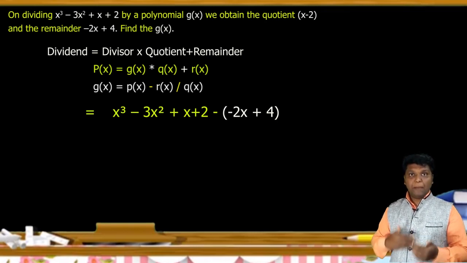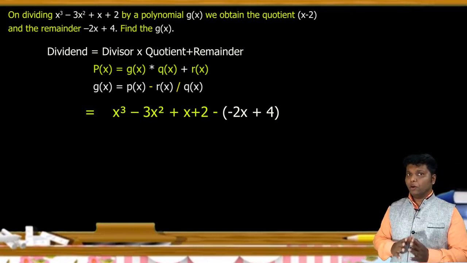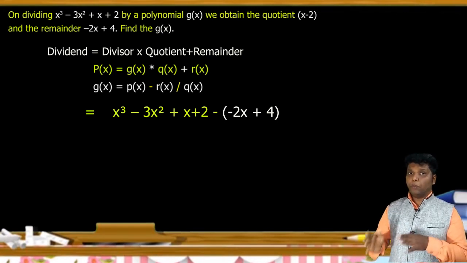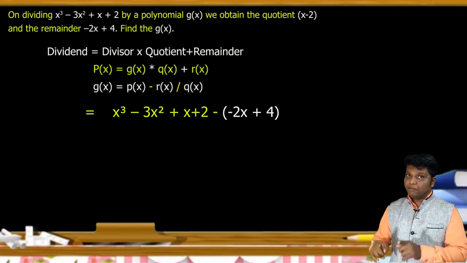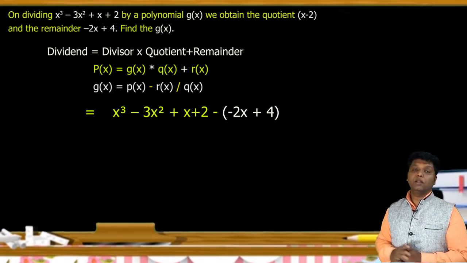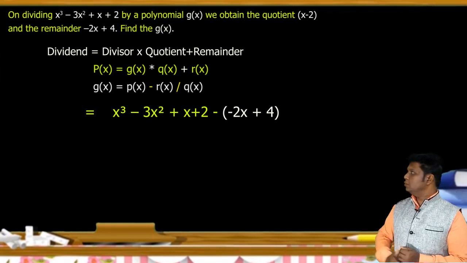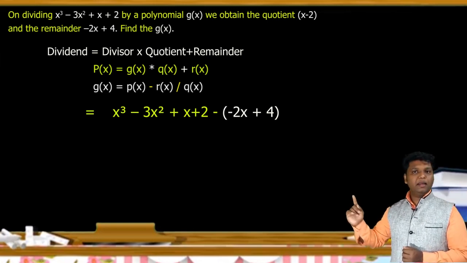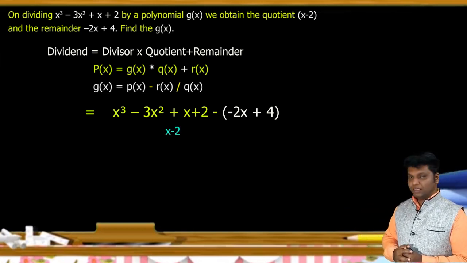A big problem happens there. That's why, when you are subtracting two polynomials, the second term should be within brackets itself. So here we will put a bracket. Within the bracket we will substitute the value of r of x, that is minus 2x plus 4. The whole divided by q of x, which is x minus 2.